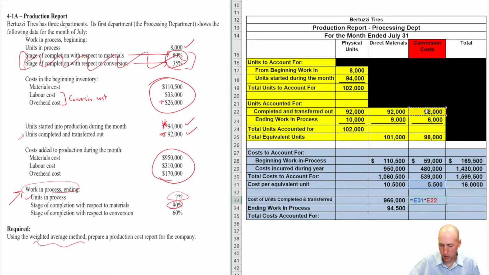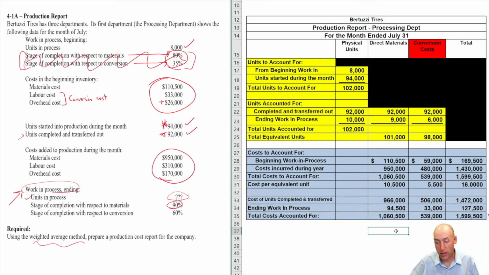Cost of units completed and transferred out. Here I take 5.5, I multiply again, whatever's in this column, 6, right? Because that's completed, that's an ending WIP. So again, 5.5 times 6. Then I add all the way around. And at this point, I'm done.